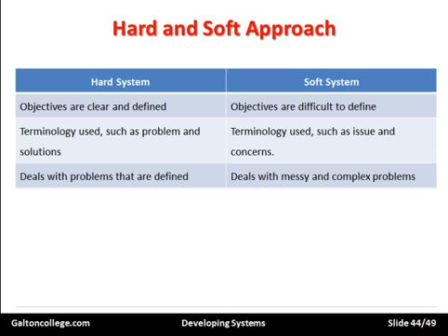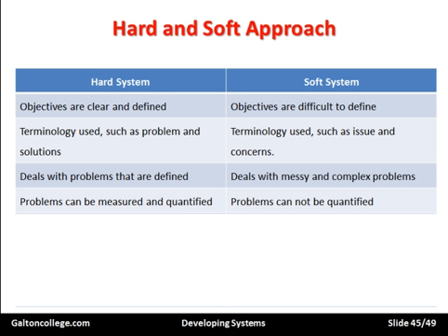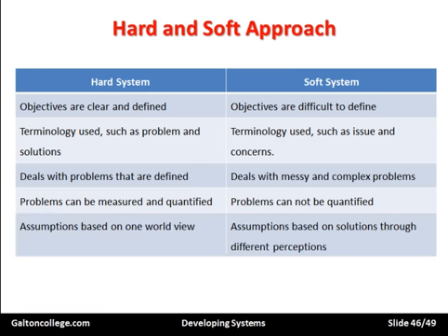The hard system deals with problems that are defined, and the soft system deals with messy and complex problems. Totally different. The hard system problems are measured and quantified. For the soft system, the problems can't be quantified. The hard system assumptions are based on one world view.